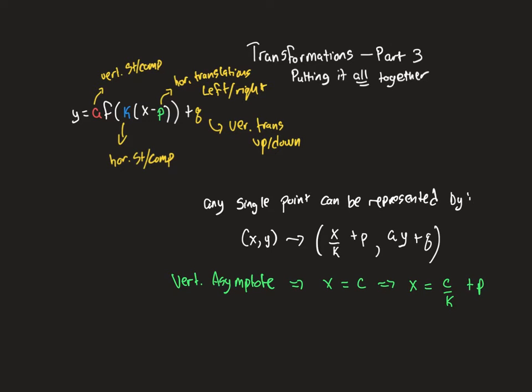And my horizontal asymptote can be found using my p-value. Sometimes you might name it D in another example, but so y, actually this should be a y over here.